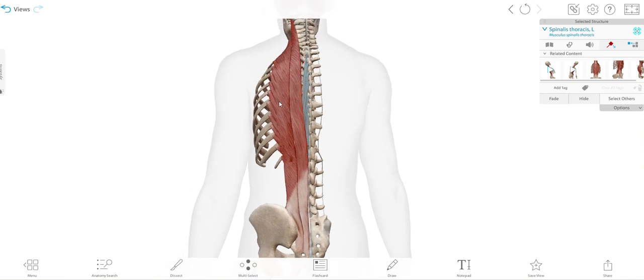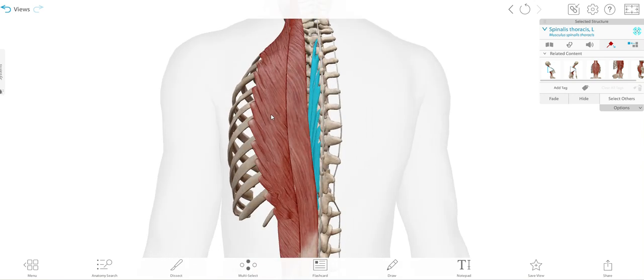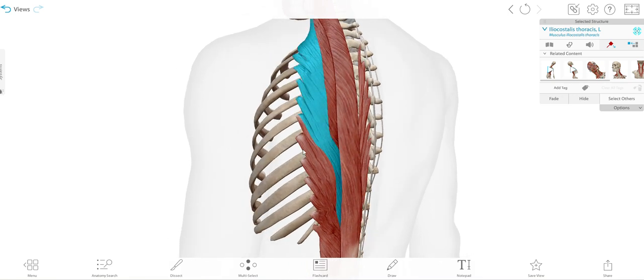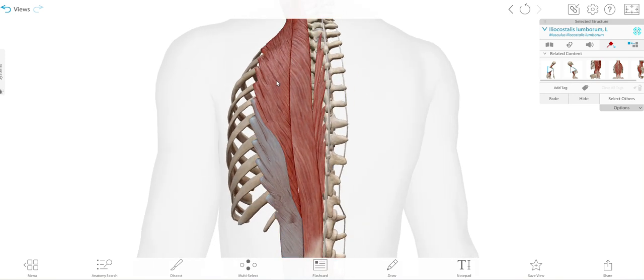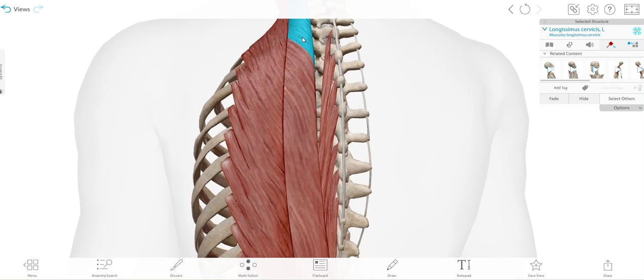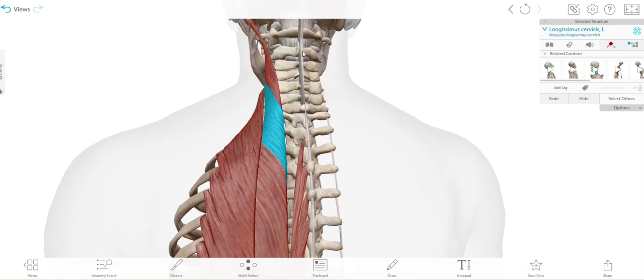And for our insertion sites, we can see iliocostalis, different levels attaching to our ribs here. We can see longissimus attaching to parts of our transverse processes on select vertebrae.